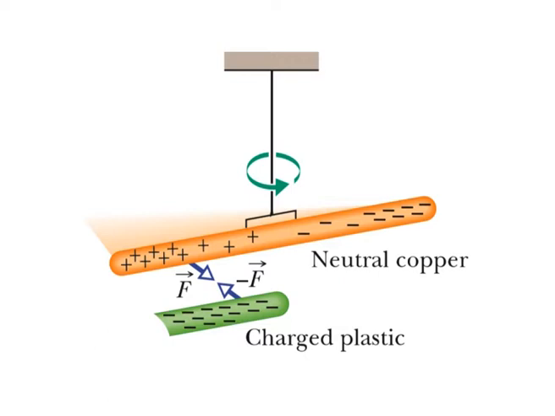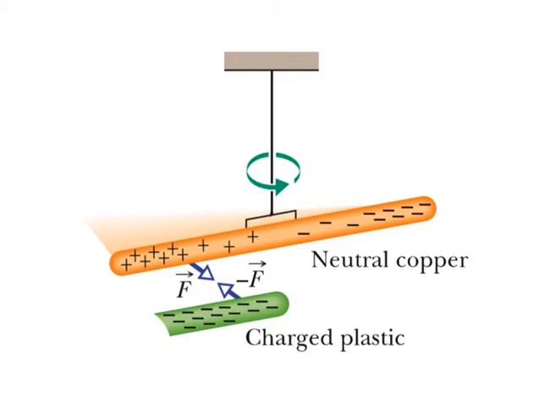Some of the conduction electrons move to the far end of the copper rod, leaving the near end depleted in electrons and thus with an unbalanced positive charge. This positive charge is attracted to the negative charge in the plastic rod.